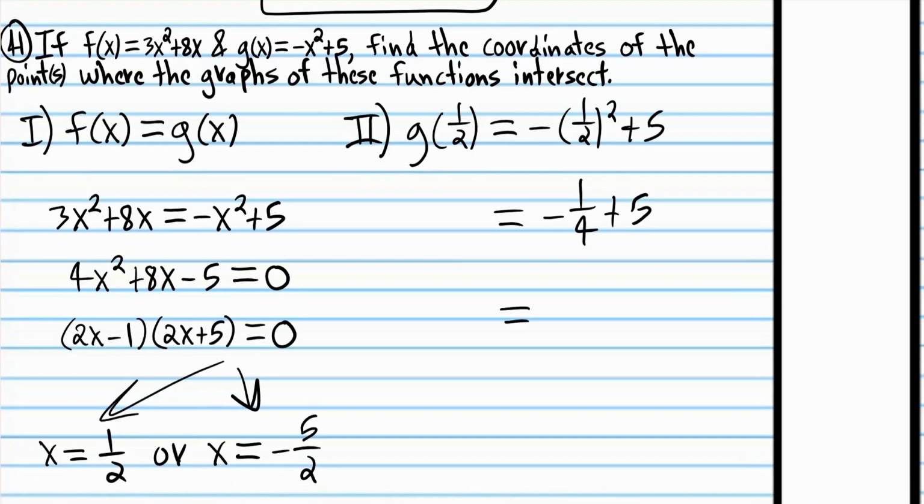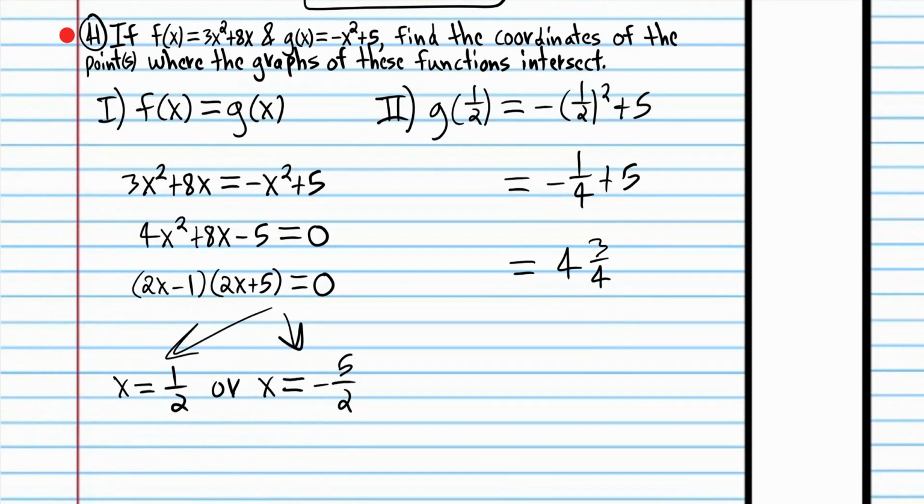So then we add those together and we get 4 and 3/4 if you want to write it as a mixed number. So what this means is that one of the points where the graphs intersect is 1/2, 4 and 3/4. So there you go.